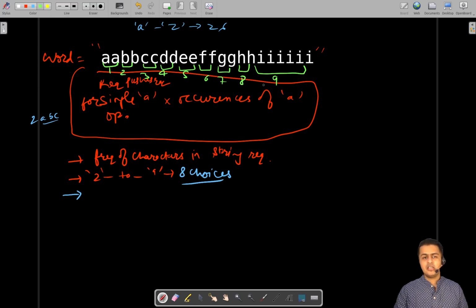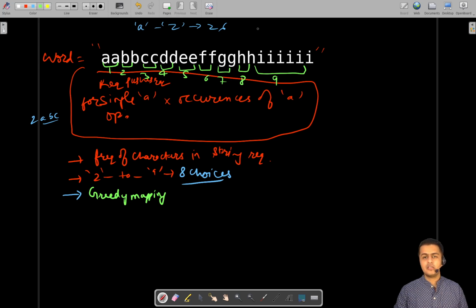But the key observation here is that you should be doing the mapping in a greedy way. Greedy mapping. What I mean by greedy mapping is, the character having the highest occurrences should be the first one mapped to a particular key.